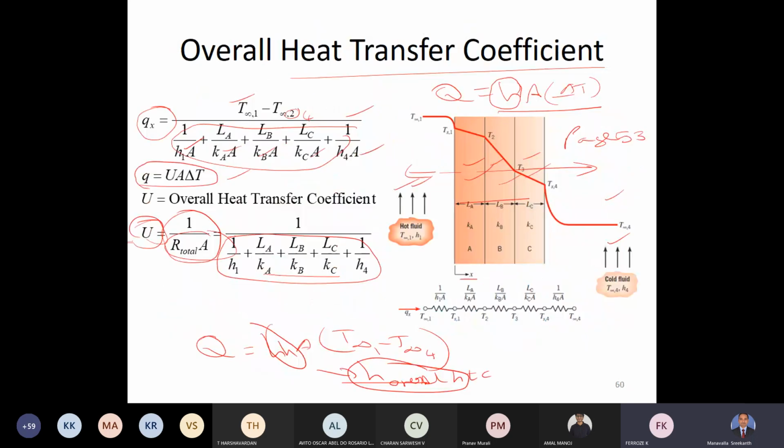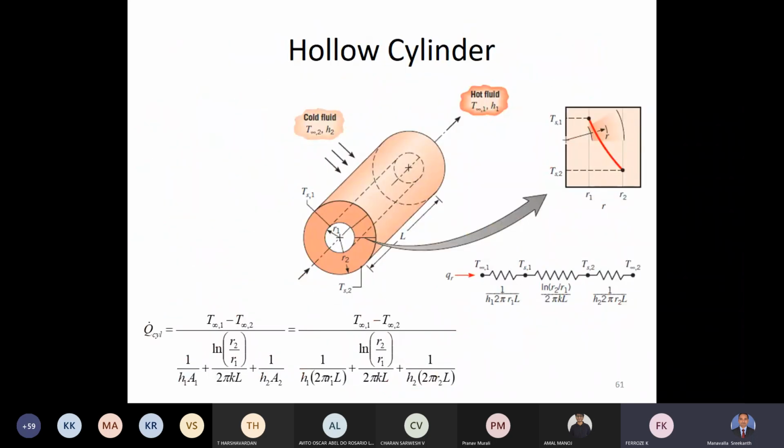Likewise, in the case of this cylindrical shell also, you can see, now in this cylindrical shell arrangement, there is a cold fluid on the outside. Is there a cold fluid on the inside? Yes, there is a cold fluid in the inside also. See, something is flowing through the center. So this is like a pipe through which something is flowing.